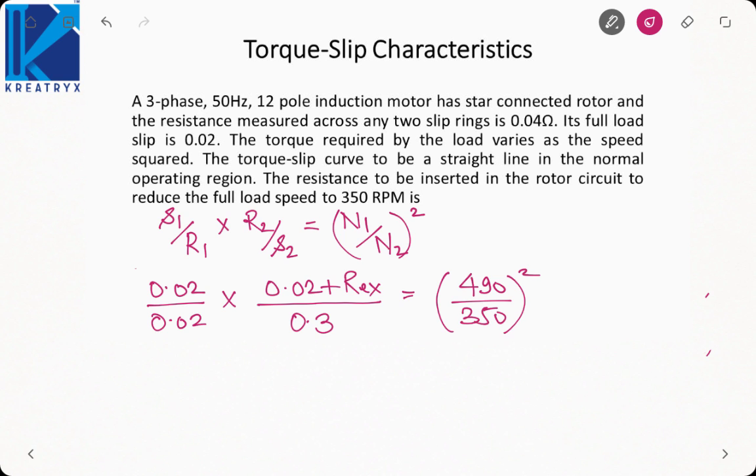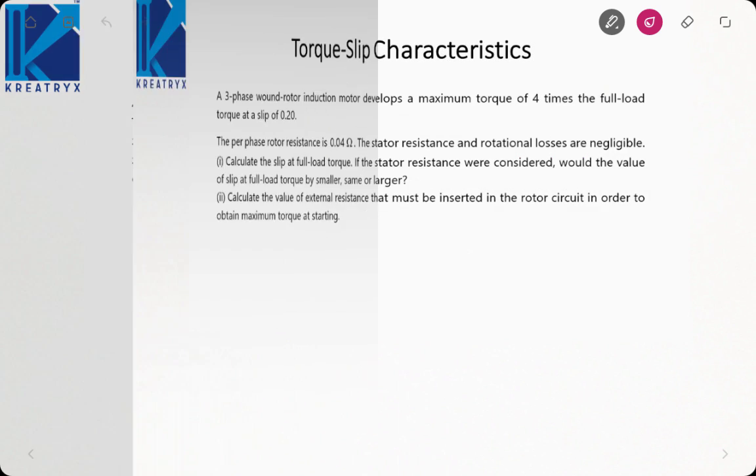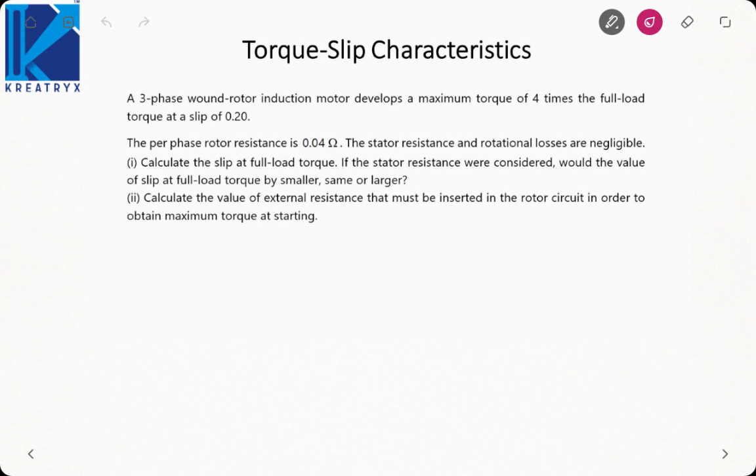If this thing happens, I can calculate the value of R external. It comes out to be 0.568 ohm. This much external resistance is required. This can also be covered under speed control of induction motor, because we are controlling the speed by inserting external resistance. Next, let us see a similar problem.